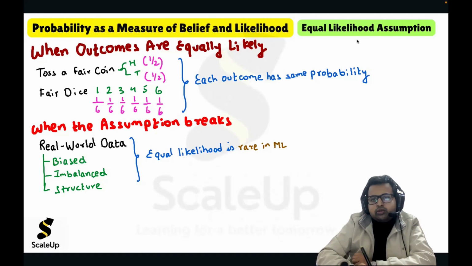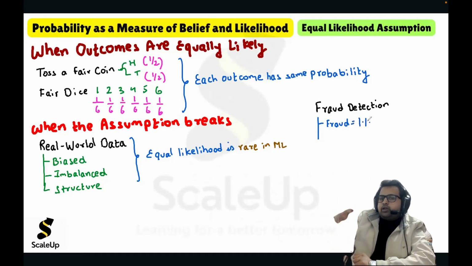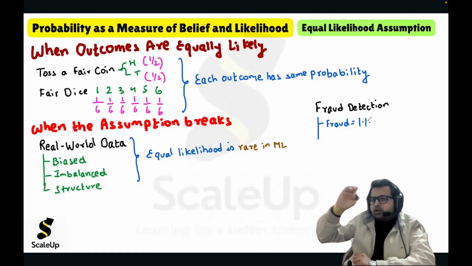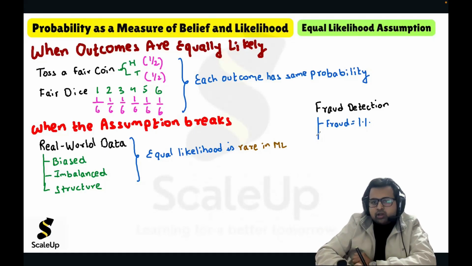Let us suppose we consider a fraud detection model. In this fraud detection, the training data is imbalanced. The fraud percentage is 1%: 1% of the samples are labeled as fraud, with the features of fraud, and 99% are non-fraud.